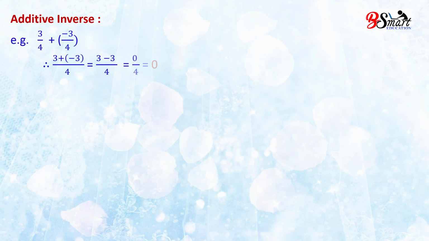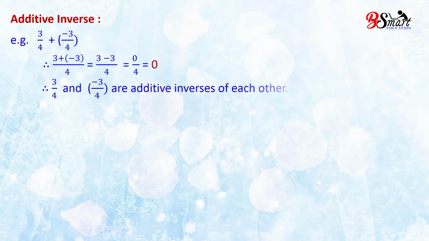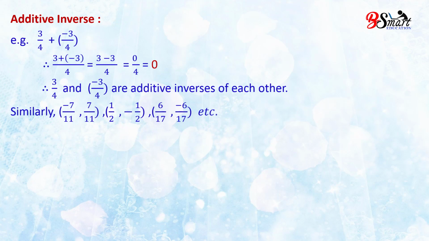Additive inverse. For example, 3 by 4 plus minus 3 by 4. Therefore, 3 plus minus 3 by 4. So, 3 minus 3 by 4, that is 0 by 4, and 0 by 4, that is 0. Therefore, 3 by 4 and minus 3 by 4 are additive inverse of each other.